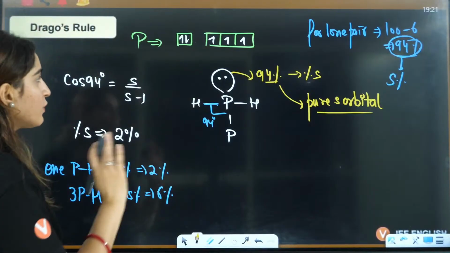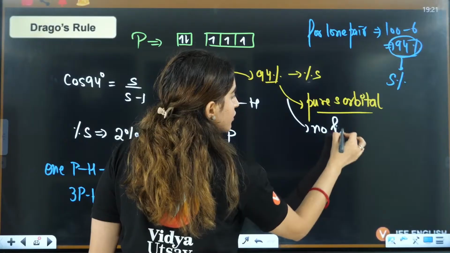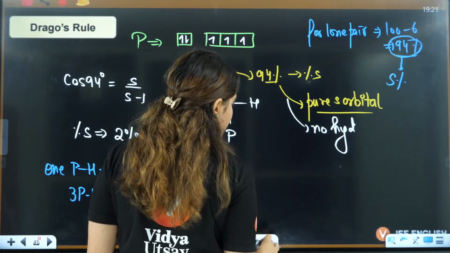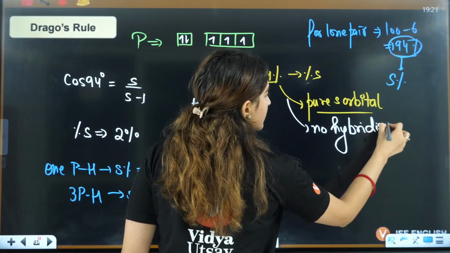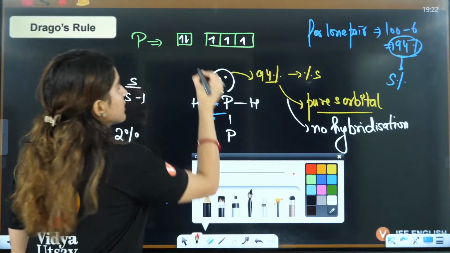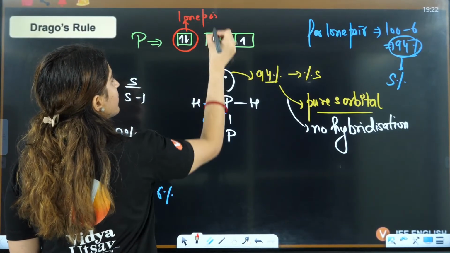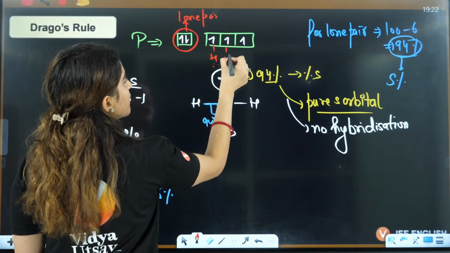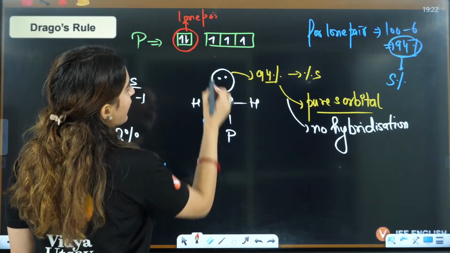So in reality, there is no hybridization that it is undergoing. This is your lone pair, and these three are making bonds with hydrogen.